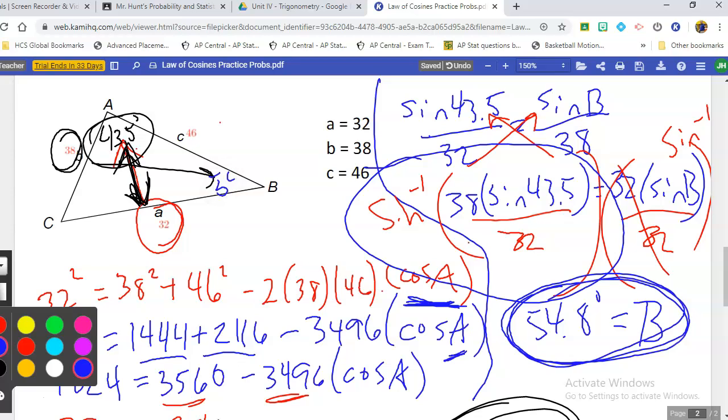If this is 54.8 and this is 43.5 together, we can put those two together and subtract from 180 and find that this last angle is 81.7.